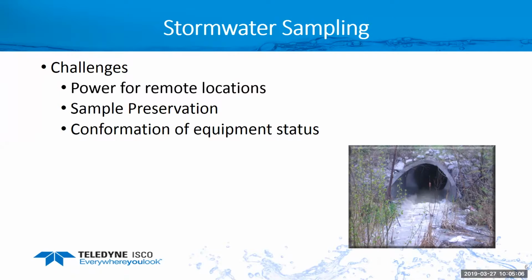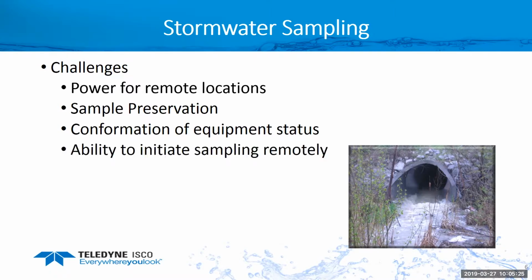Remote confirmation to let us know when the sample has taken place, or if the sample's running, or when it's complete. So basically its overall condition, some sort of confirmation to let us know what its current condition is and where it's at. And then of course, the ability to initiate a sampling remotely would be nice. It's not always required, depending if you've got things in place out in the field that will do it automatically. But for having the ability to do that remotely, we can cover that as well.